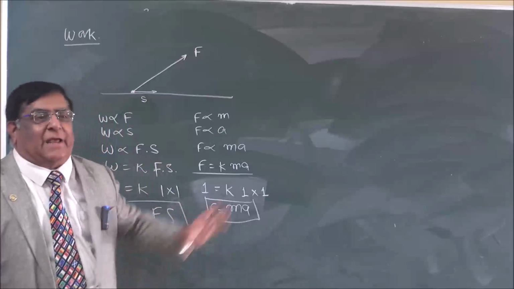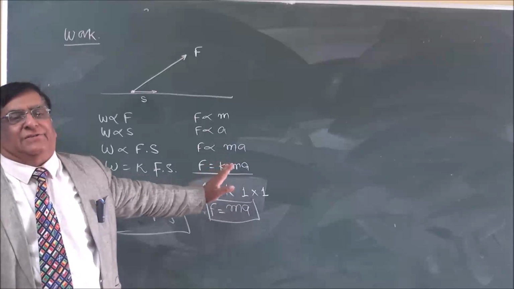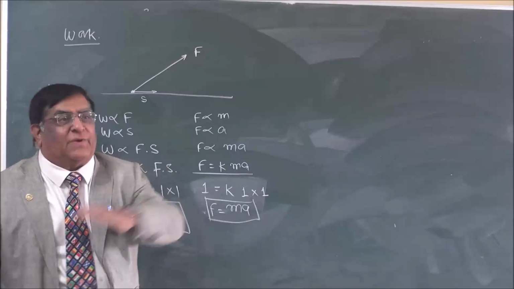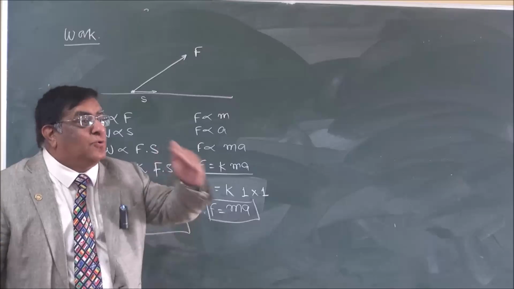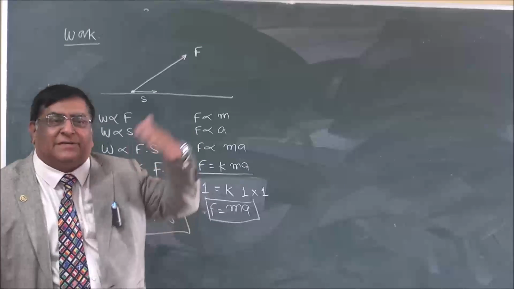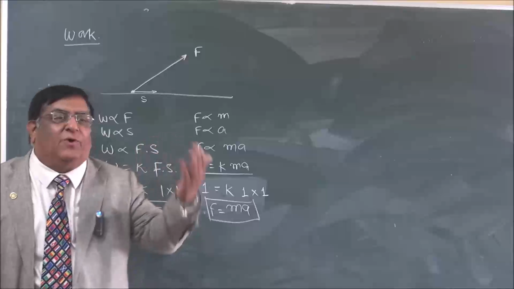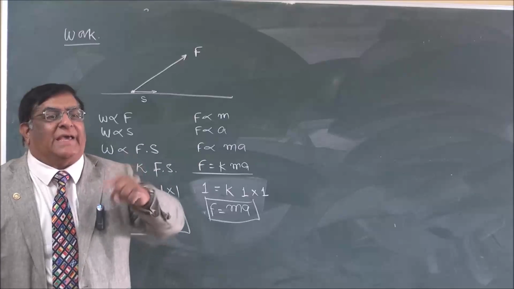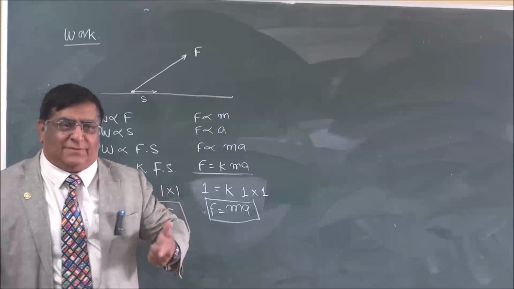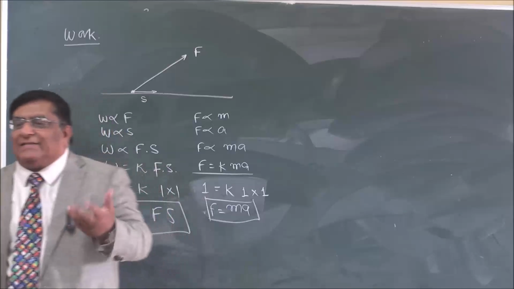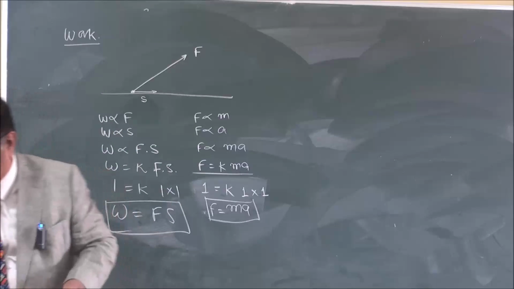Only at that time do we have liberty to make K equal to 1. In physics, when you start from class 11, you go on defining quantities one after the other. Everywhere you have a chance to make K equal to 1, and we do it. And this is a property of physics.